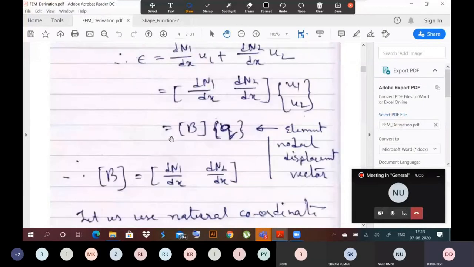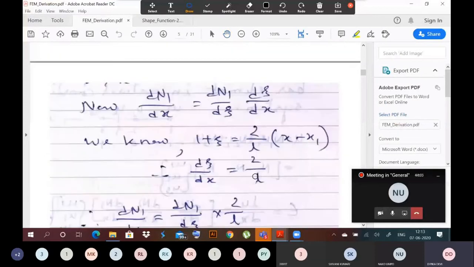Hope all of you have understood. From this expression, you find the value of xi, putting the values of x, x1 and x2, where L is nothing but the length of the element, equal to x2 minus x1. Once you know this value, you can find the shape functions. You know the expressions: N1 is equal to (1 minus xi) by 2 and N2 is equal to (1 plus xi) by 2.